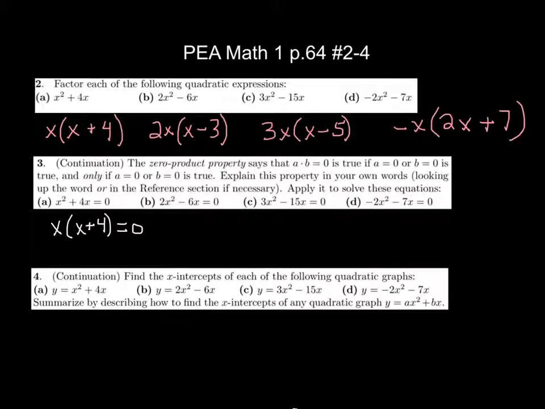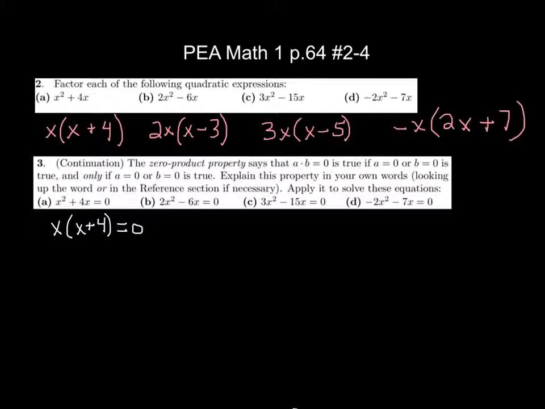At this point, we will set each of these factors equal to 0. So I will set x equals 0 and x plus 4 equal to 0. This x equals 0 is already solved. X plus 4 equals 0, I just subtract the 4 from both sides, and I get x equals negative 4.